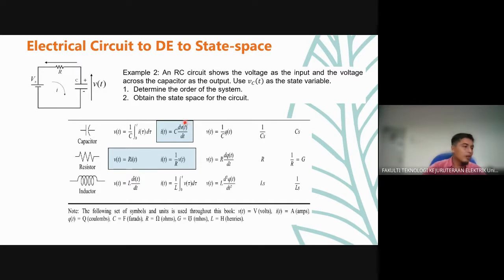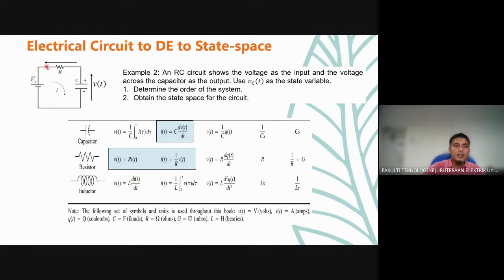Alright. So in order for you to, firstly, I can see that there is a comment that the capacitor is the input. Remember that in the circuit, you must know what is the input and what is the output. Normally the battery will always be the input.